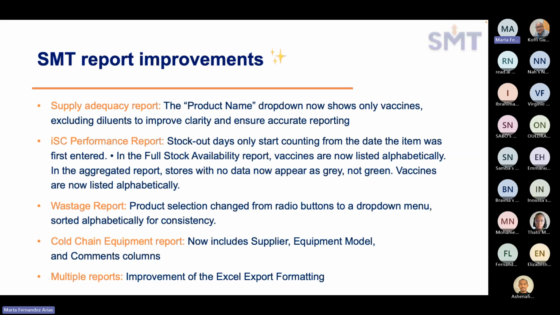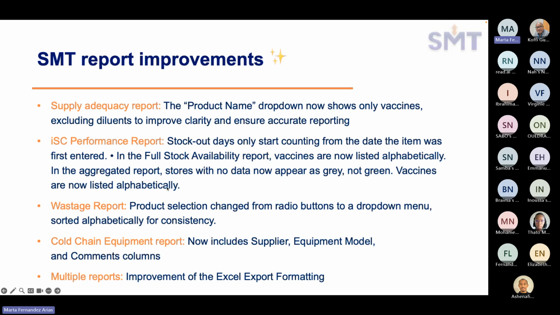Okay, so we have changed that as well. If the stores have not entered data, they appear as gray. If they have entered data and the stock is available, it will be green. And if there is a stock out, it will be, I don't remember if it's orange or red. Okay. The vaccines are also listed alphabetically.